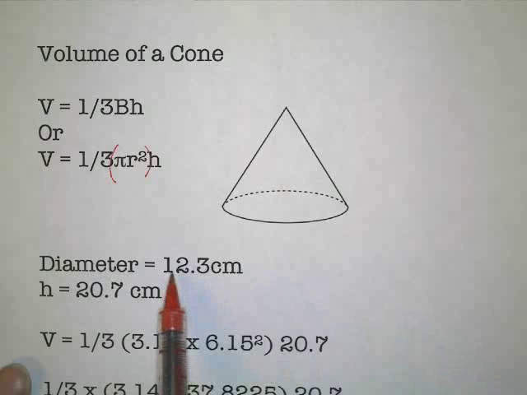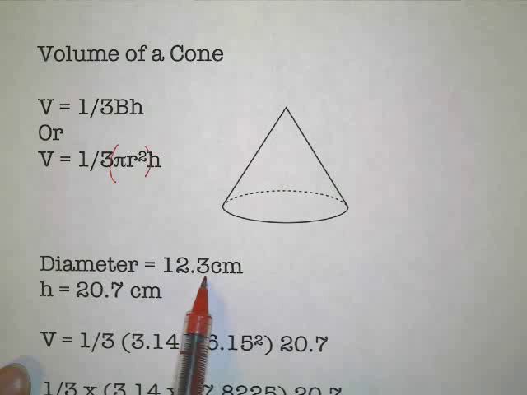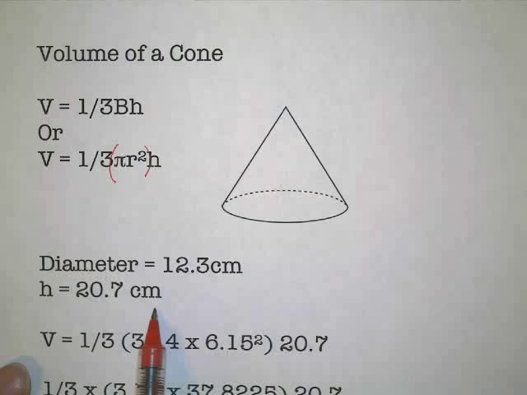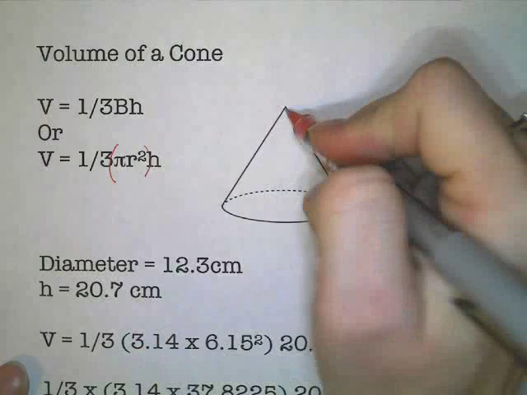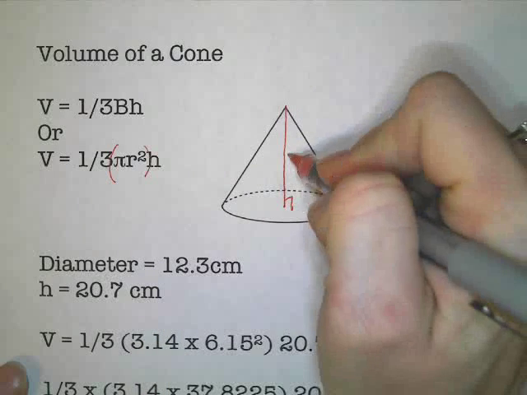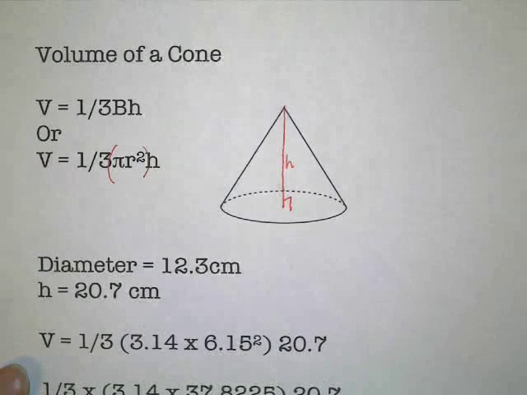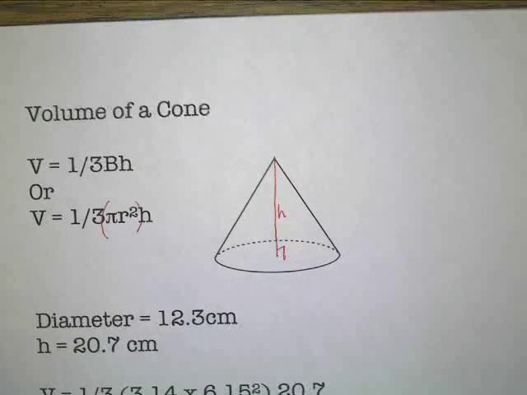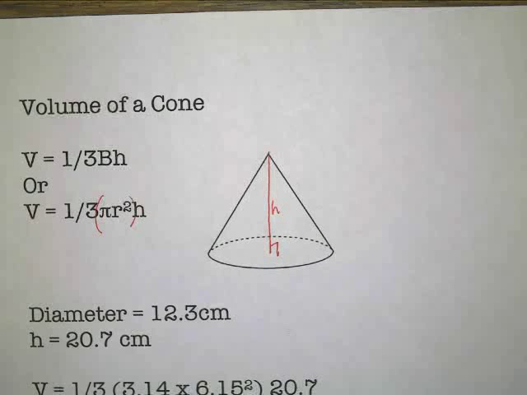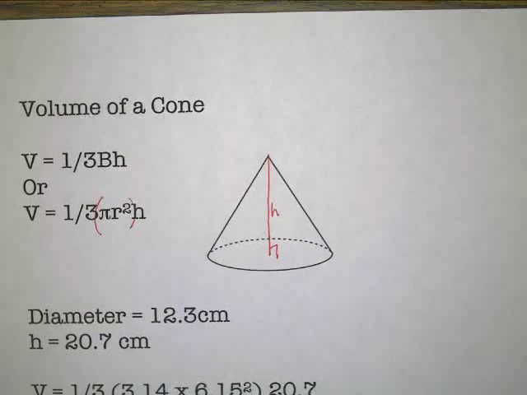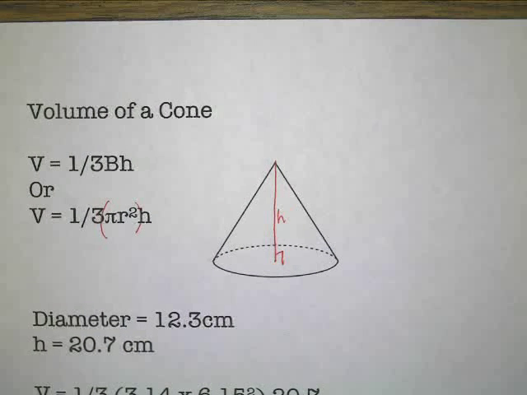So if our diameter is 12.3 centimeters and our height is 20.7 centimeters, that's this little part. That's the height, right? First thing I want to do is find my area of my circle. How do I do that, Max? What's the first thing I have to do to be able to find the area?